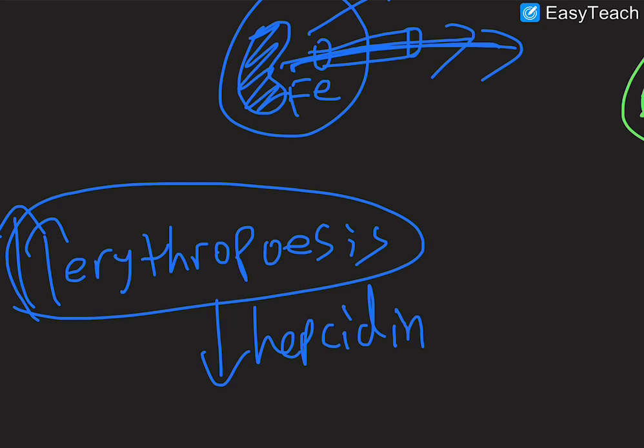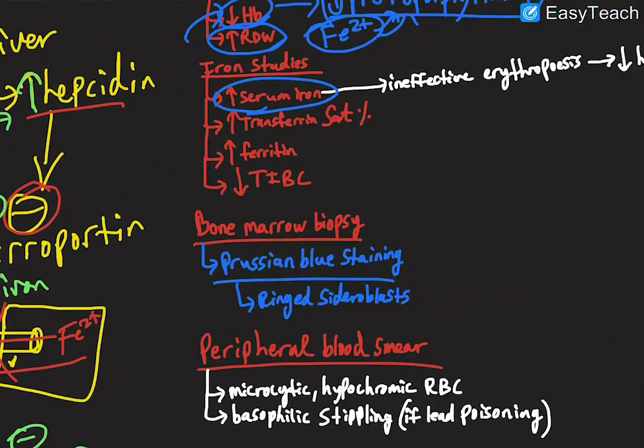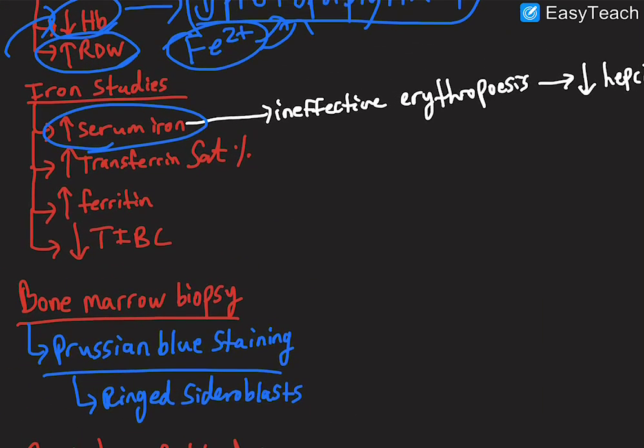So this brings us to the point of why serum iron is elevated in sideroblastic anemia. Let's see why this happens. Remember, in sideroblastic anemia, you're not properly performing erythropoiesis. Why? Because you're not synthesizing protoporphyrin, which means you're not able to combine iron with protoporphyrin and make heme. Therefore, if you don't have enough heme, you don't have enough hemoglobin, which means you're going to have small red blood cells.